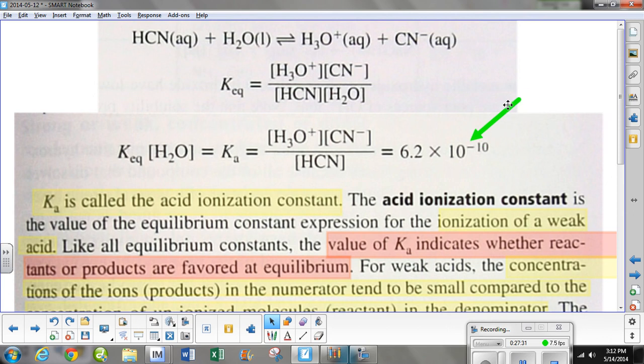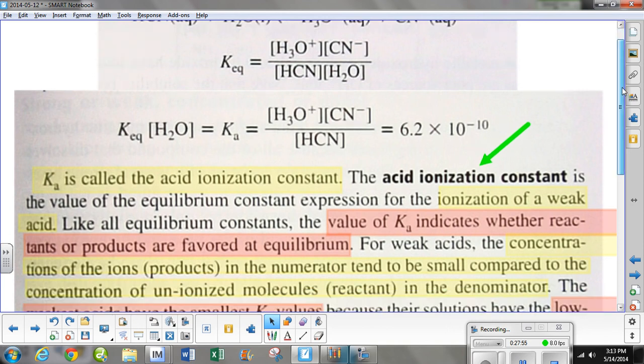And when I say 10 to the positive 10, we are really getting everything into the products. So a number bigger than 1 favors the products, I'm saying it right this time, and a number smaller than 1 means that the big guy is on the bottom, which means we don't have much of these being formed, which is the situation with this particular K sub A.